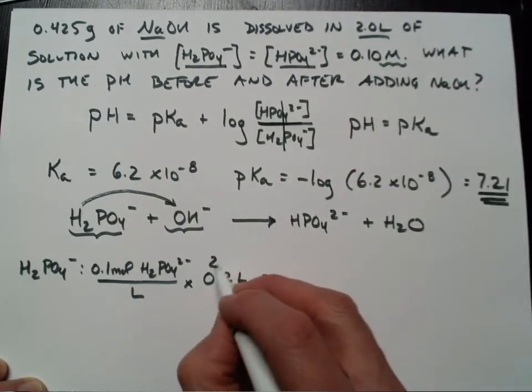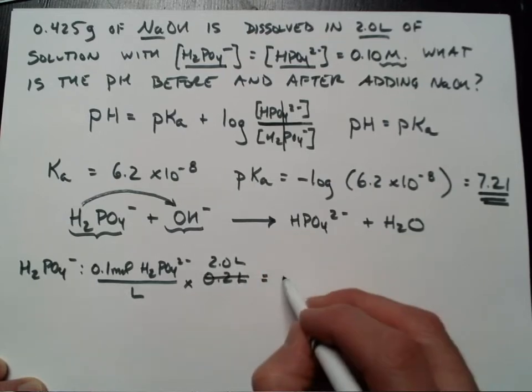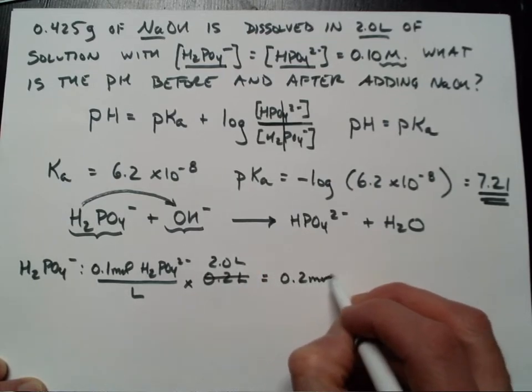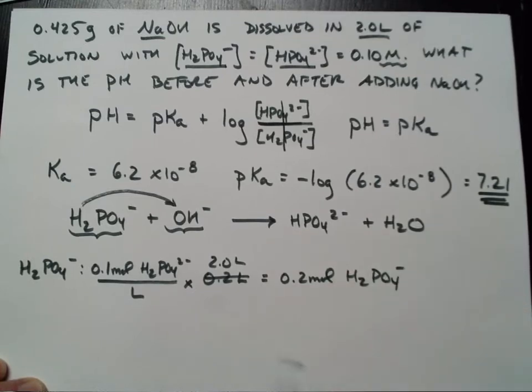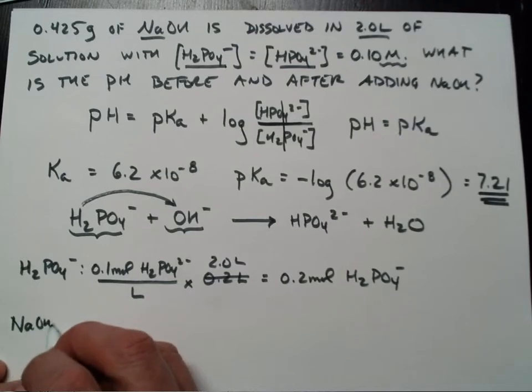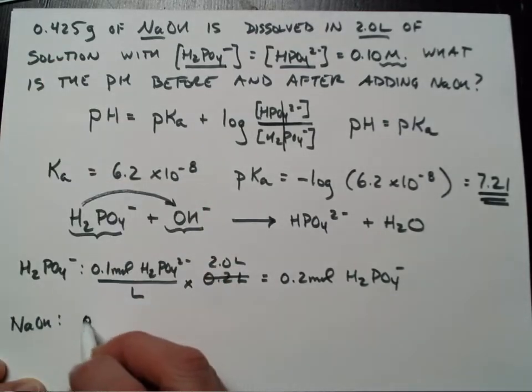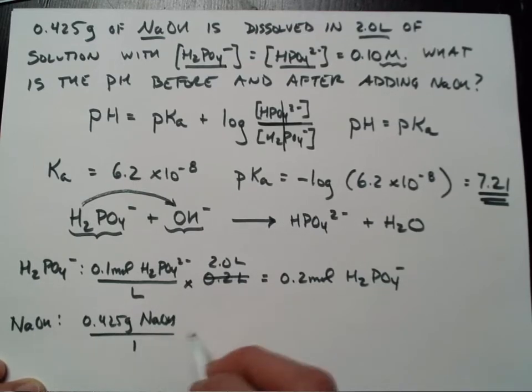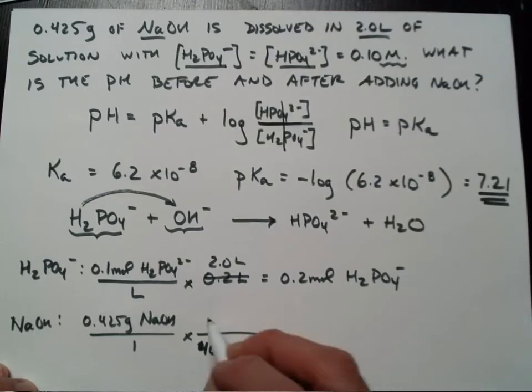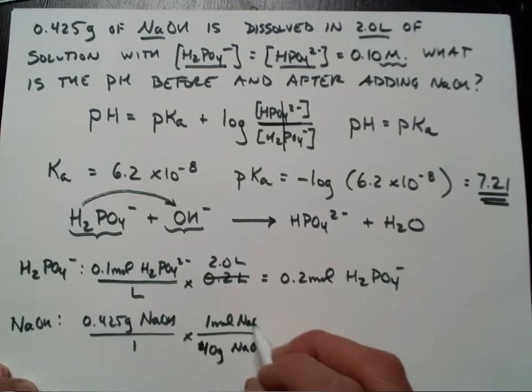So that's 0.2 moles of dihydrogen phosphate present. How much sodium hydroxide do I have present? 0.425 grams of sodium hydroxide. If you do the math, that's 40 grams per mole: 23, 16, and 1. So 40 grams of sodium hydroxide per 1 mole.